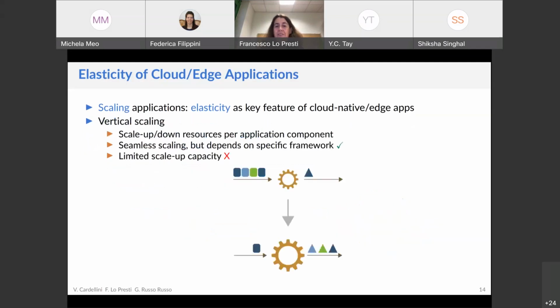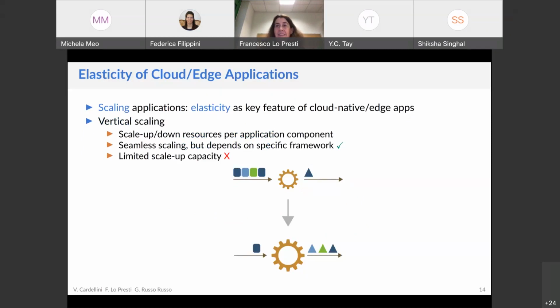We can also consider another direction of elasticity, which is vertical scaling. In this case, we can scale up or we can scale down the amount of resources which is assigned to each application component.